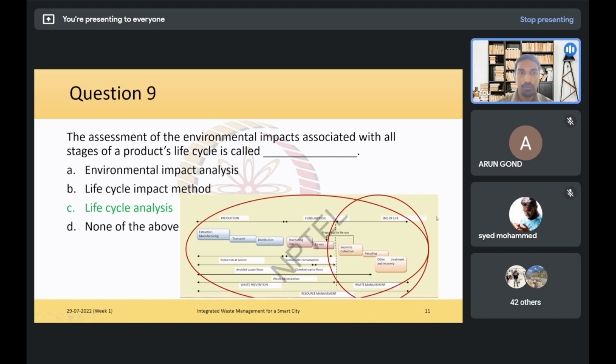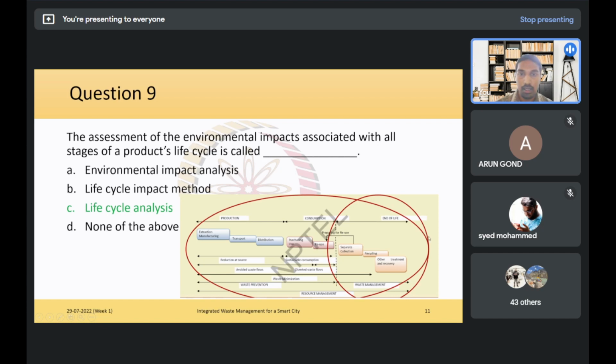But traditionally, what we were doing is we were only focusing on the right hand side, which is only the end of life. Once the product is not useful anymore, right? Once it goes into the waste, that is when we were concerned about it. But it is not enough to just look at that.